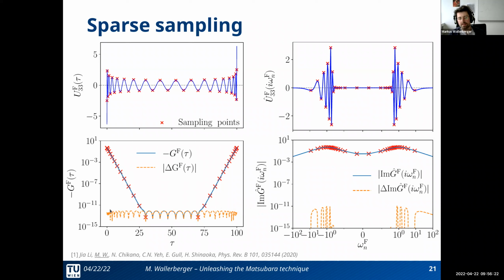You see that the error across the spectrum is very small, 10 to the -12. And you have a similar picture on the Matsubara frequency axis, where this is a log scale, so it's a bit hard to see, but you have one cluster of frequencies at low frequencies where interesting things happen.